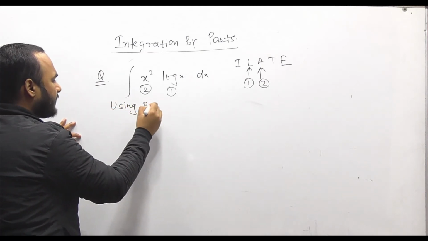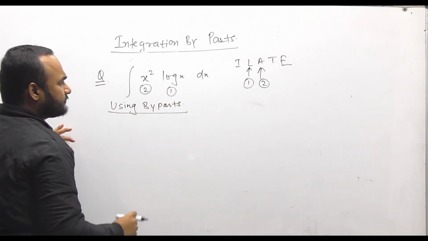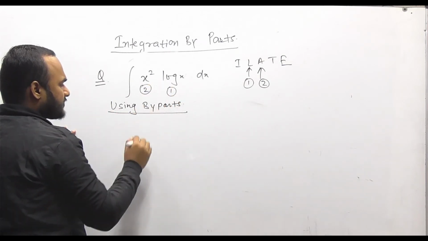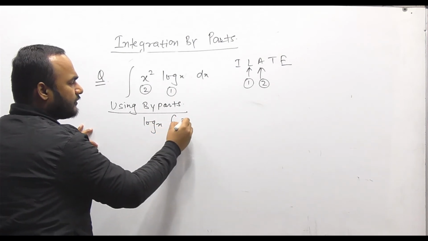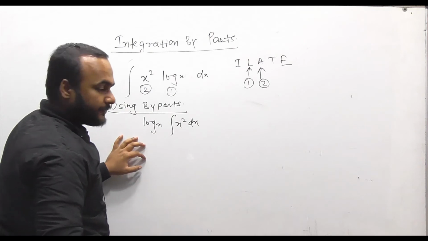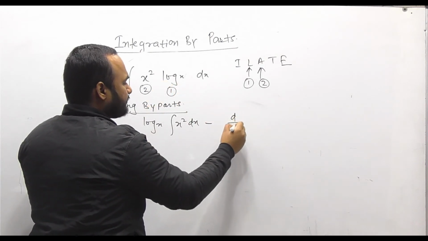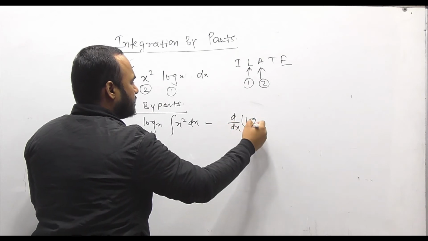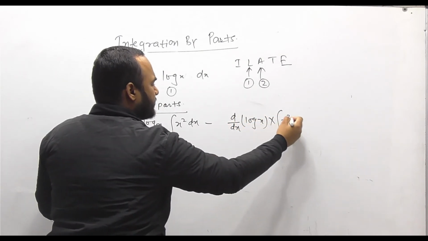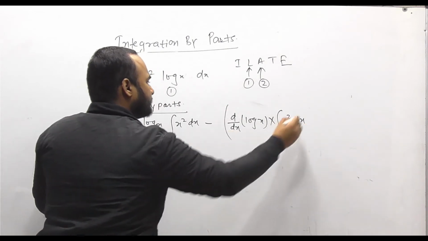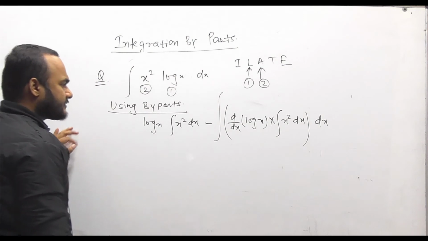Using by parts, our integration will become: we leave the first function as it is, so log x as it is, times the integration of the second function, then minus the derivative of the first function, which we left as it is earlier, times the integration of the second function, same as we did earlier, and then the integration of the whole second part. Okay, this is by parts.